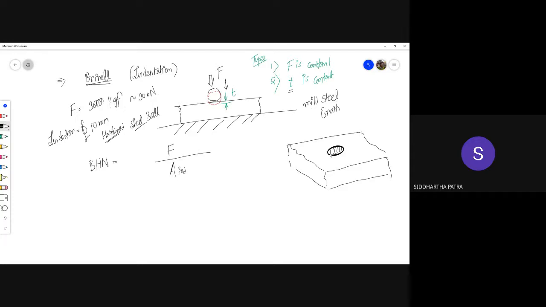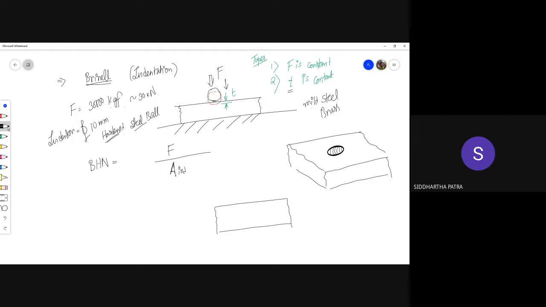There is an indentation, and the surface area of that entire indentation is this A indentation. Now, how do you get that area? It has to be found by integration.